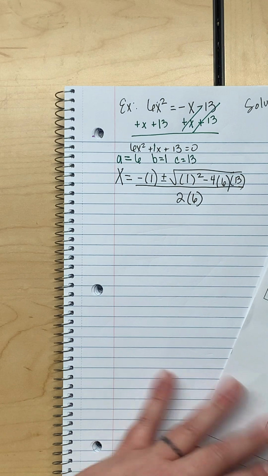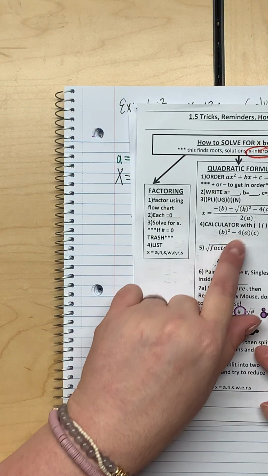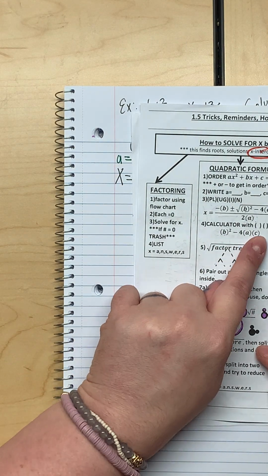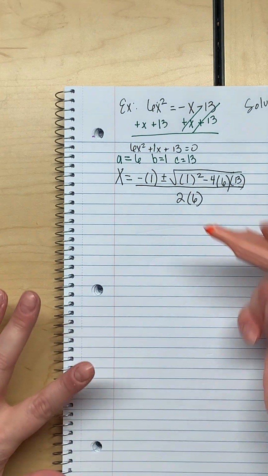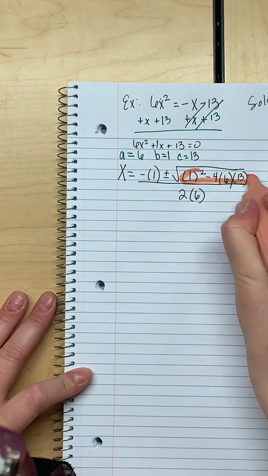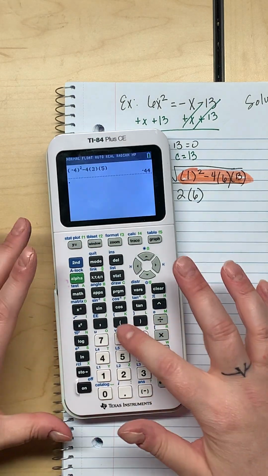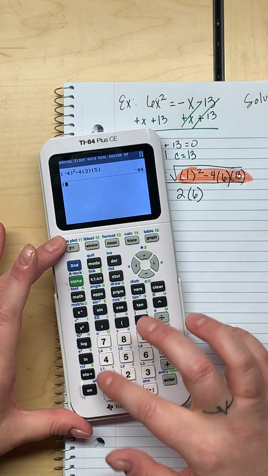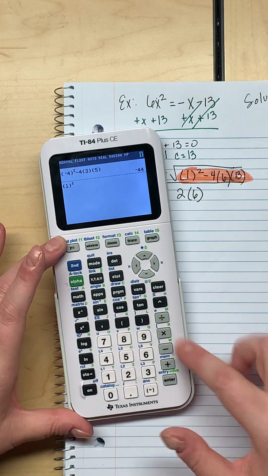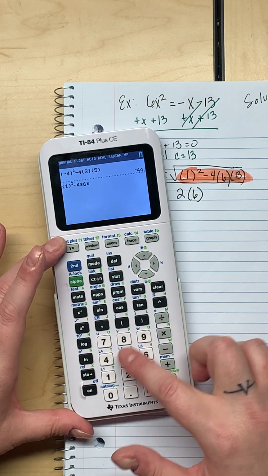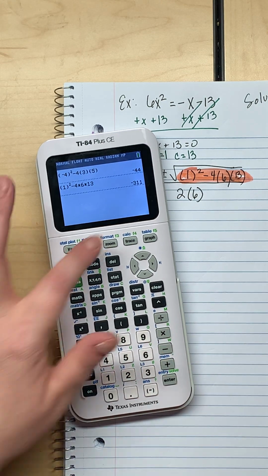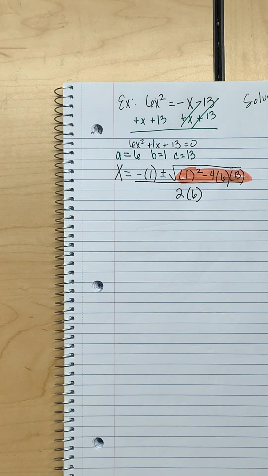Okay, your next step says use your calculator, but only for the b squared minus 4ac. That means only the stuff inside the house. Okay, and I get negative 311.